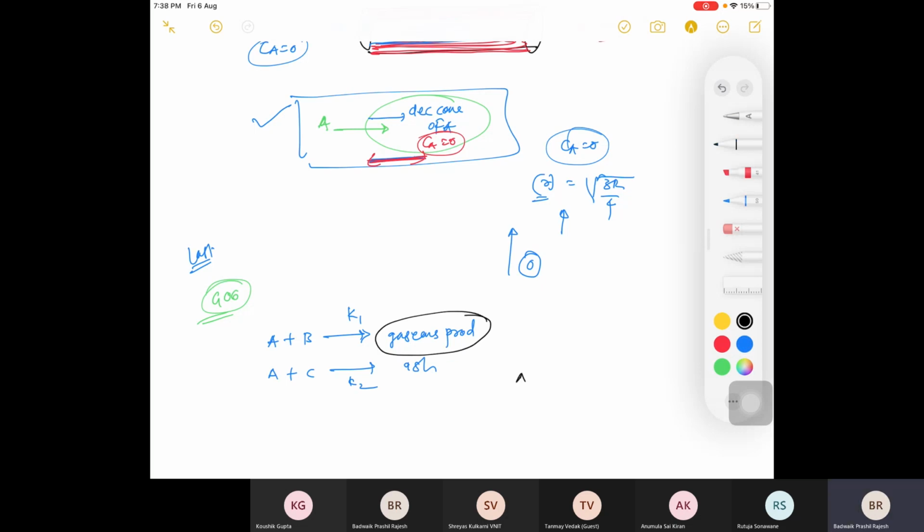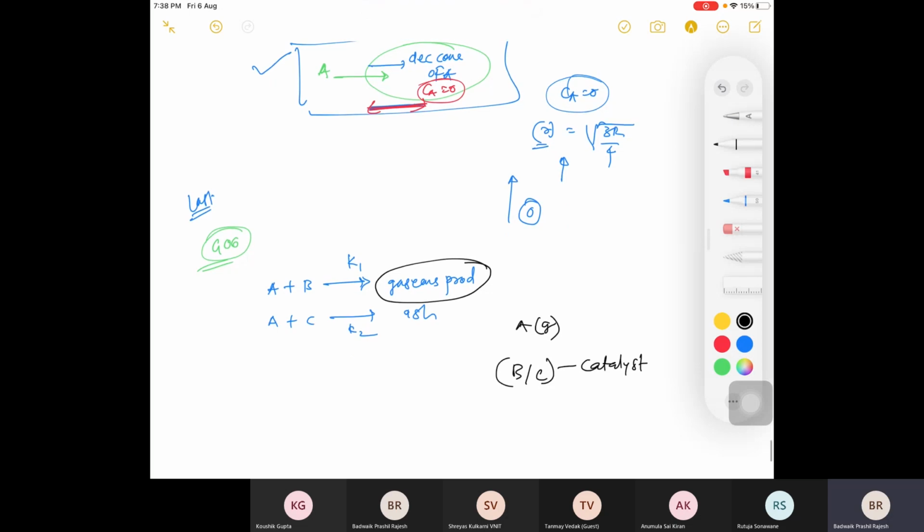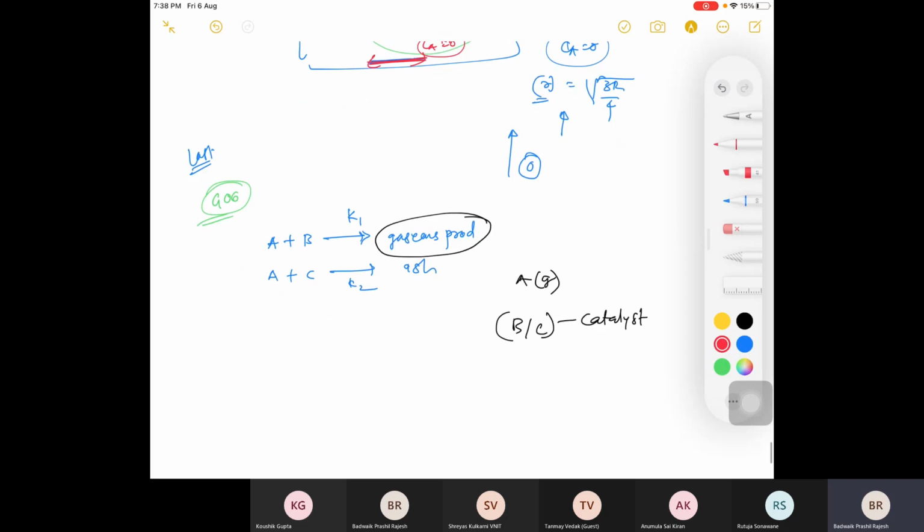Okay, so A is your gas, and B and C are catalyst. You can see in one case when this gas is reacting with B there is formation of product, and if it is reacting with C there is formation of ash. Maybe you can say this is your catalyst.